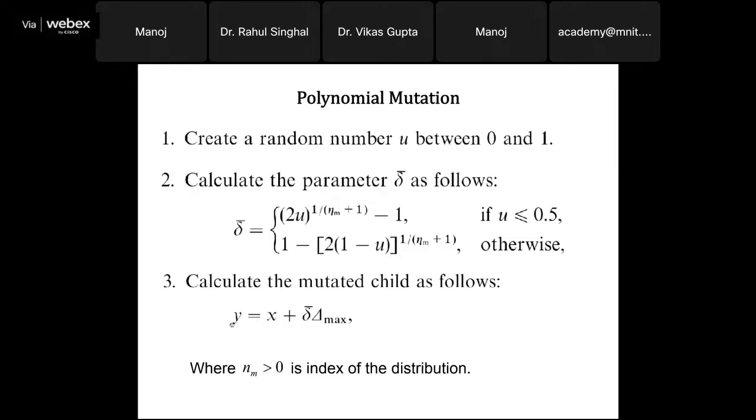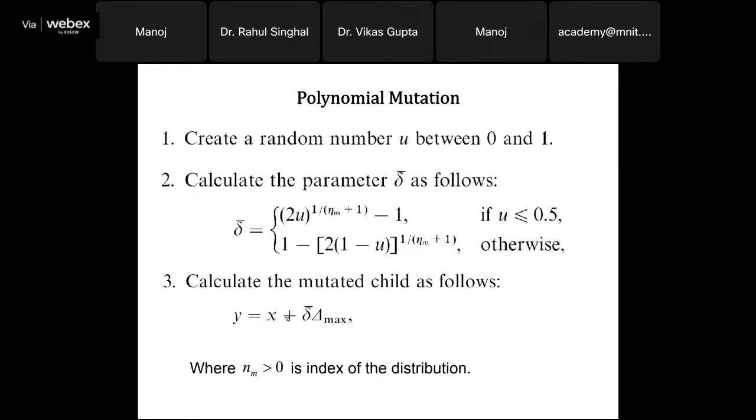Given a solution x, you can perturb it by adding something to it, and that something is given by this delta multiplied by delta max. Delta max is a parameter. This value would be either positive or negative, that means it could be x plus some value or x minus some value.